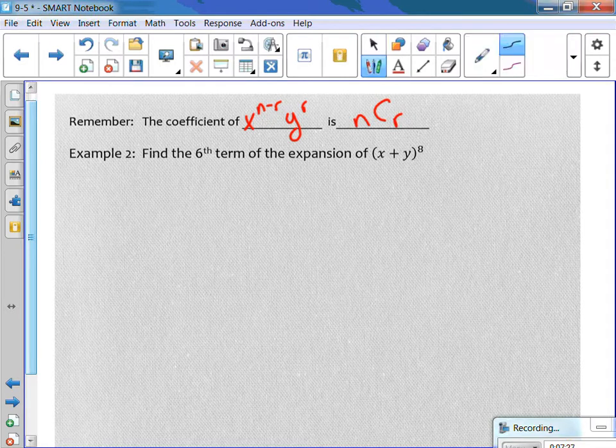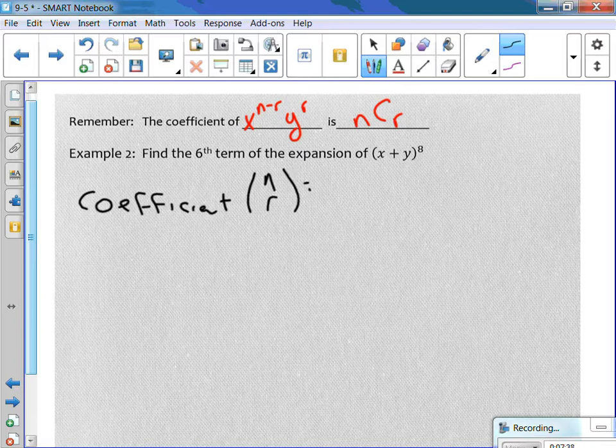So first let's find the coefficient. Again, n choose r, in this case n is 8, r is 6. So we get 8 factorial over 8 minus 6, 2 factorial, times 6 factorial.